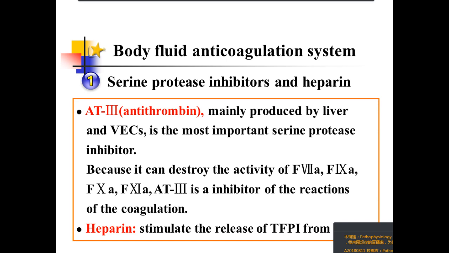In our body, some coagulation factors, for example factor 7, factor 9, and factor 10, belong to serine proteases. So antithrombin 3 can inhibit the activity of these coagulation factors, so antithrombin 3 has an anticoagulation function.